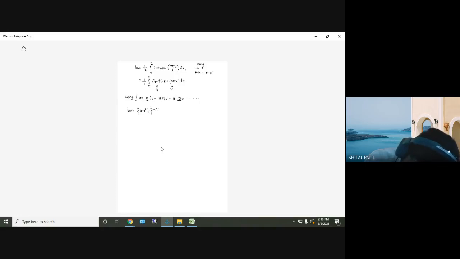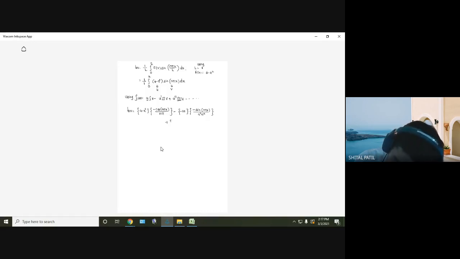Integration of sine is minus cos of n pi x divided by n pi. Minus of u dash, derivative is minus 2x. Then integration of v twice, that is integration of cos is minus of sine n pi x divided by n pi. Already n pi is there, so n square pi square.